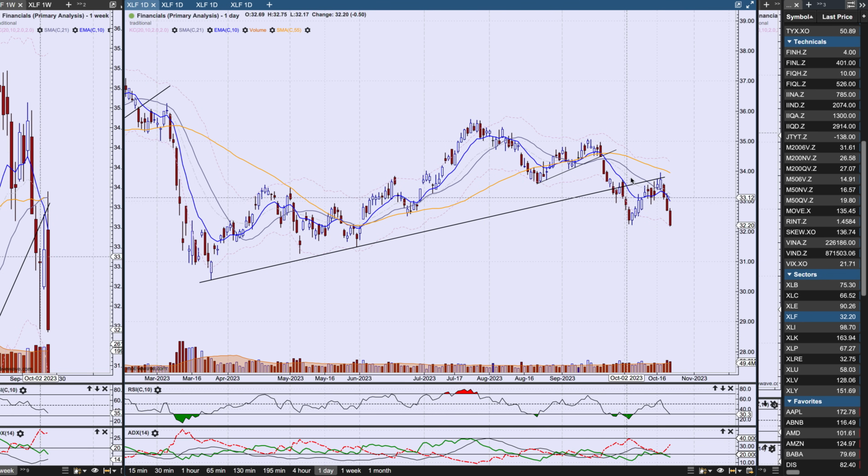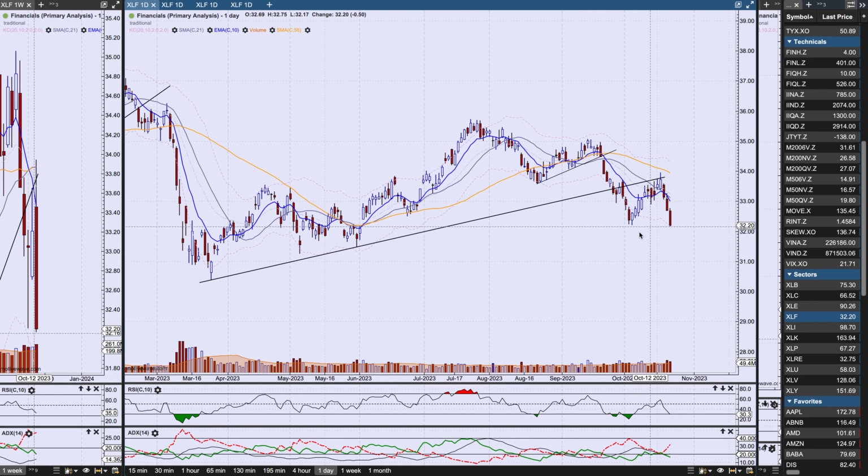We broke that trend line back in late September, came back up, did the classic kiss goodbye. And what day was that? October 17th, Tuesday, rolled over hard and came down. Now, did we take out the low of 32.21? We closed at 32.20, so just fractionally below that low. It's not a very pretty looking picture. It looks like it wants to head south.